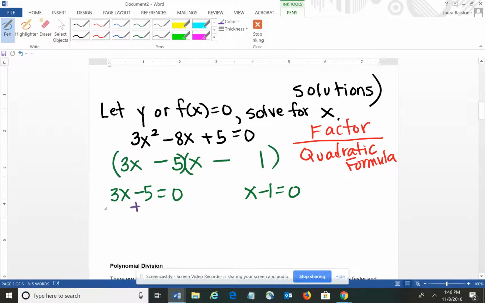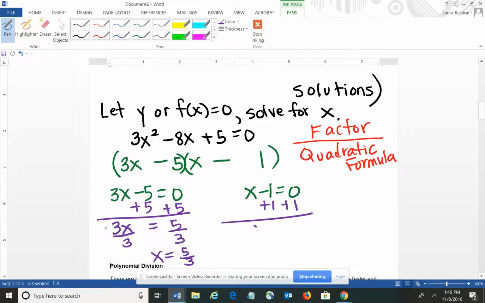So I would add 5, add 5. So I have 3x equals 5, divide by 3, divide by 3. So x is 5/3. Solving the other one, I would simply add 1 to either side. So x equals 1.